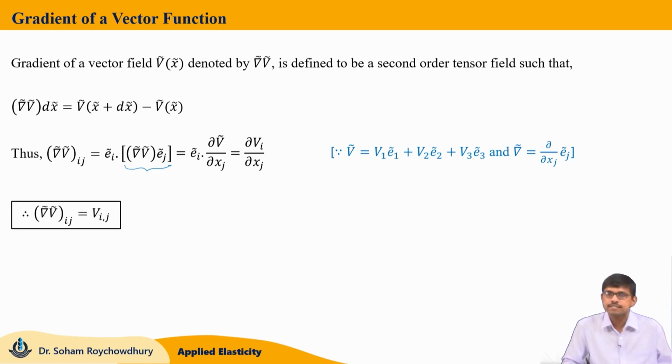This is written as Vi comma j. Comma j means the derivative is with respect to the jth component of the position vector, and the subscript before the comma, that is i, refers to the ith component of the vector field V. Thus, the ij component of the second order tensor grad V is equal to Vi comma j. This is valid for the gradient of any vector field.